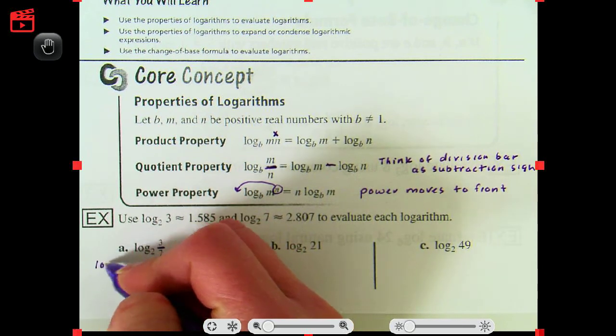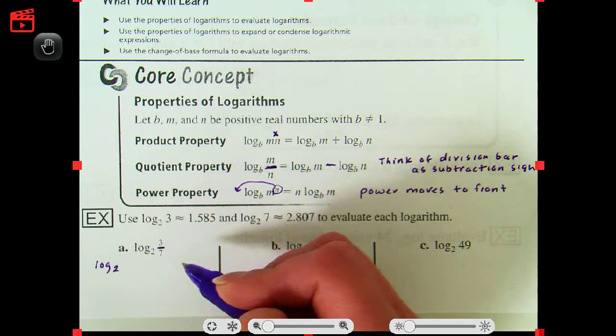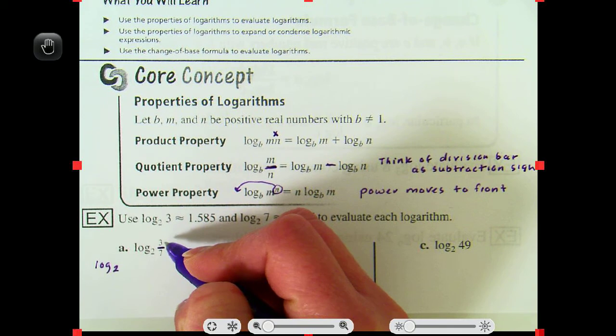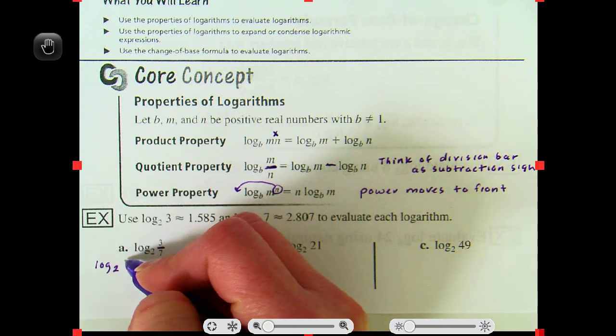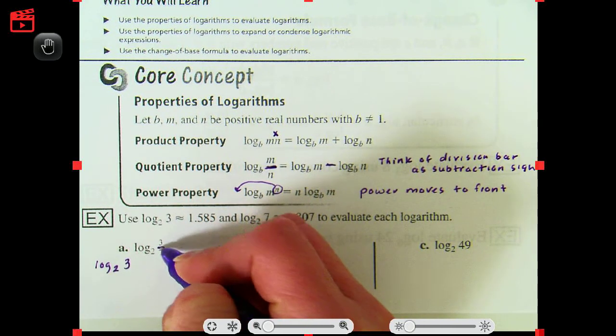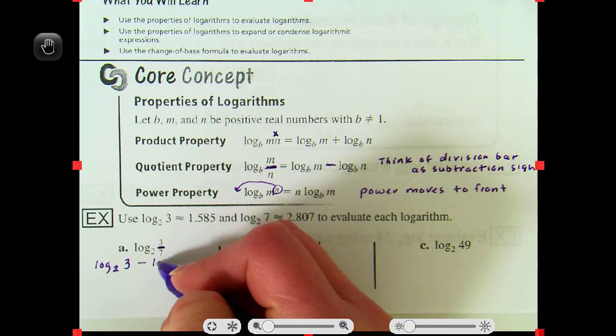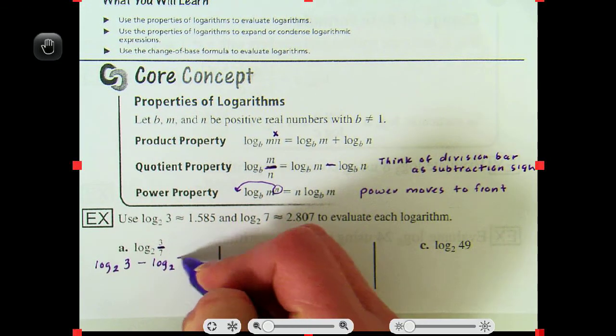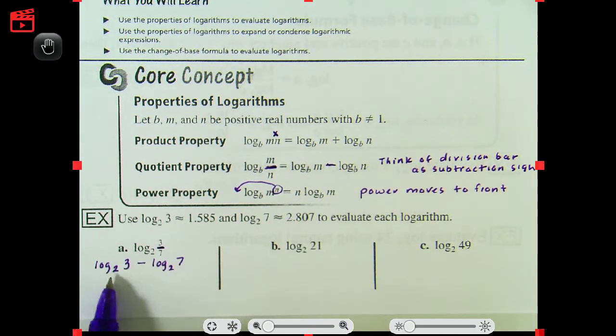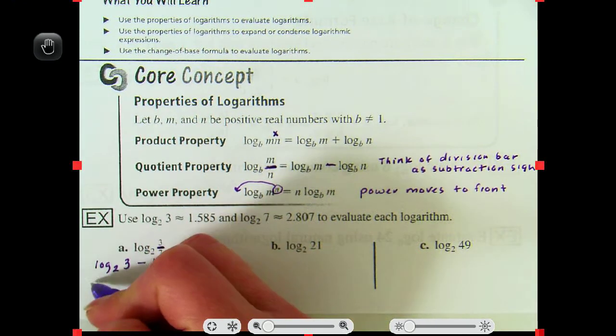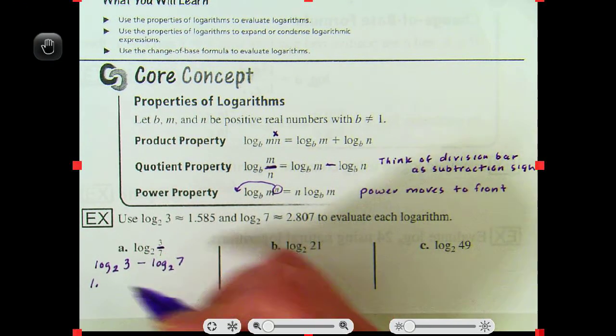You can change this to log base 2 of, it is important that whatever's on the numerator you write first. So log base 2 of 3, this becomes a subtraction sign, minus log base 2 of 7. Now log base 2 of 3 was approximately equal to 1.585.